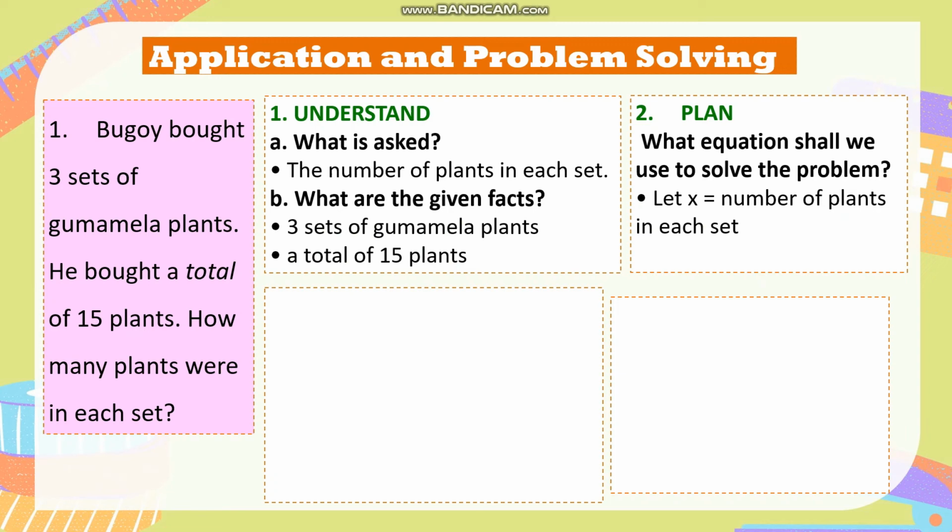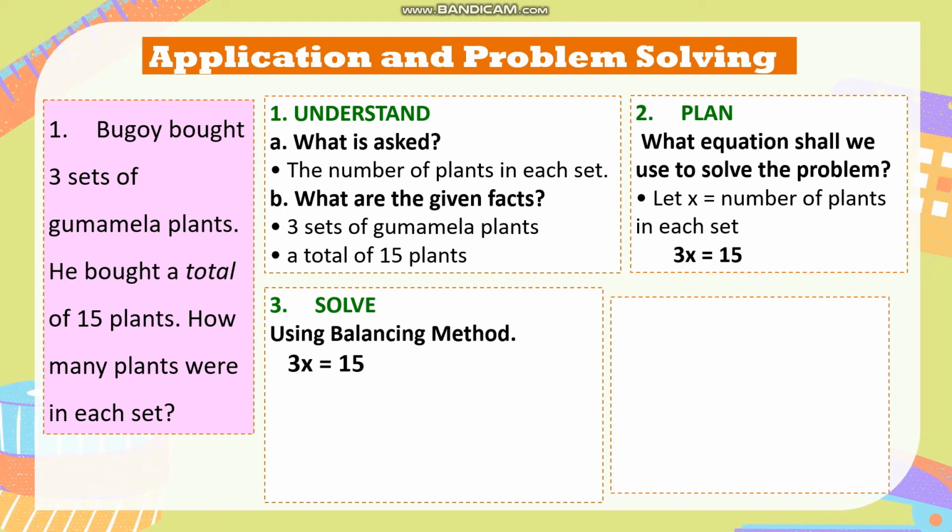So, gamitin natin ito sa ating equation. 3x is equal to 15. Number 3, solve. Using balancing method. Kapag sinabi nating balancing method, kung ano ang ginawa sa side A, kung nag-add or nag-plus, ganun din ang gagawin sa side B para ma-maintain ang value ng equation.